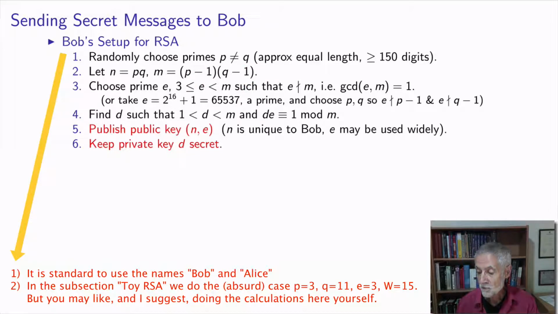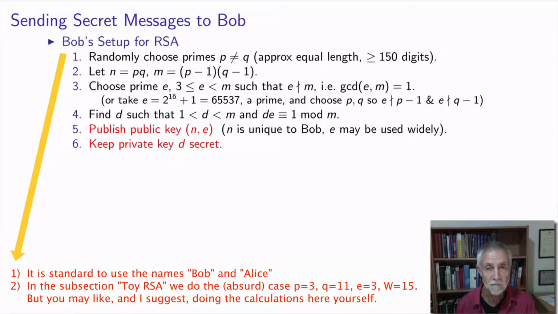One then chooses a prime number E, bigger than or equal to 3 and less than M, such that E does not divide M. So in particular, the greatest common divisor of E and M will equal 1. An alternative approach is to take the number E to equal 2 to the 16 plus 1, which is, as we mentioned, 65537.